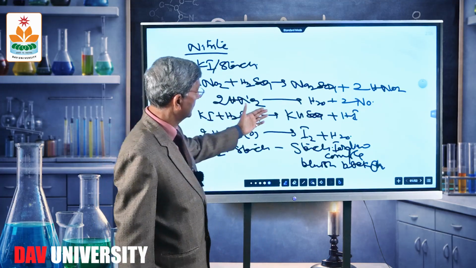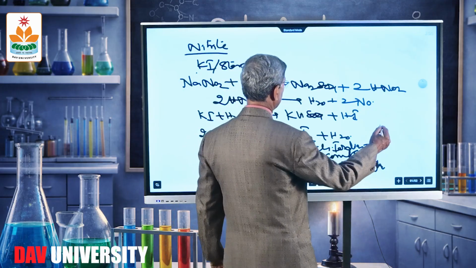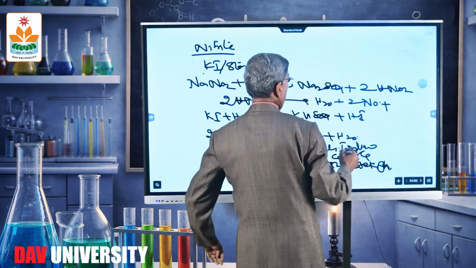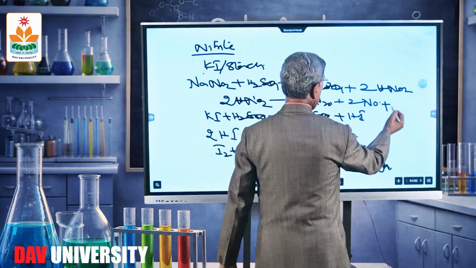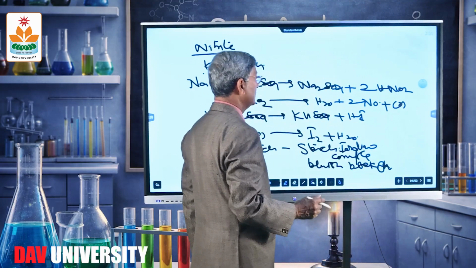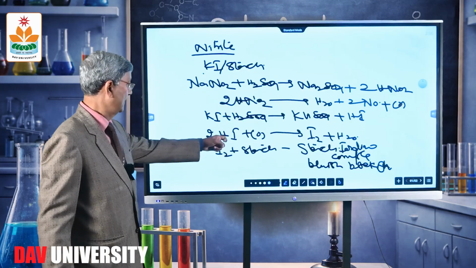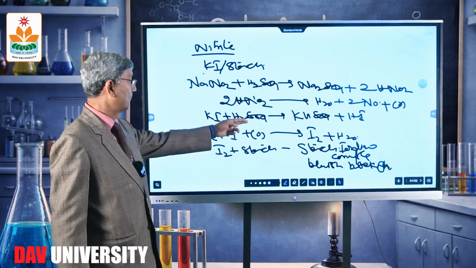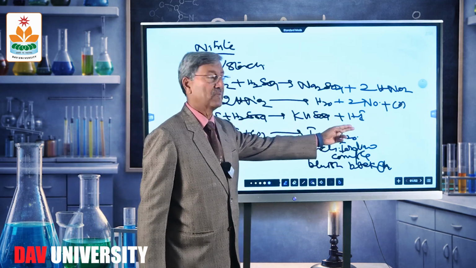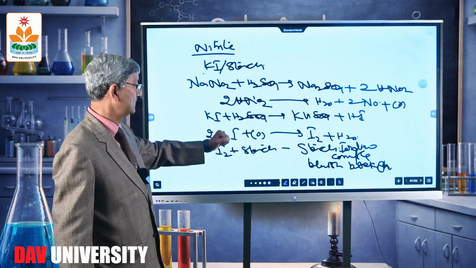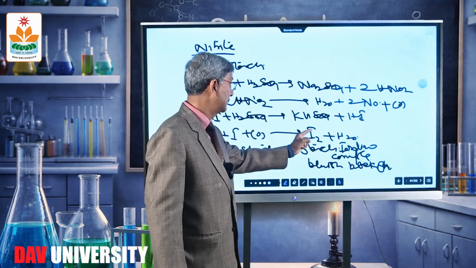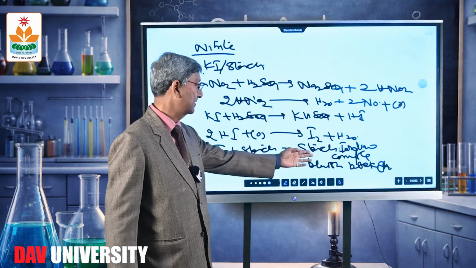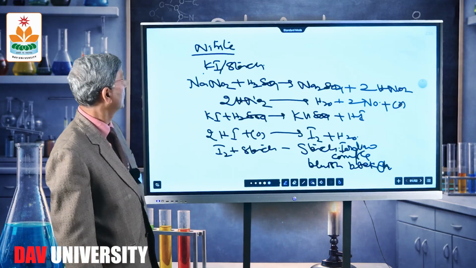Nitrous acid decomposes to give us NO plus, of course, here we have missed one thing, nascent oxygen, and this nascent oxygen combines with HI. From where did we get HI? The KI which we added reacted with sulfuric acid to give us HI. And HI got oxidized with nascent oxygen, liberating iodine. Liberated iodine will combine with starch solution, and this will give us a bluish black color, which confirms the presence of nitrite.